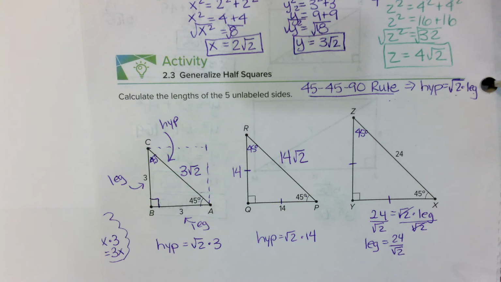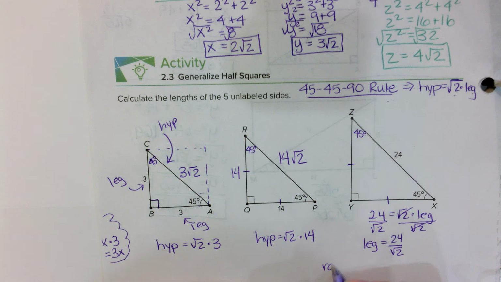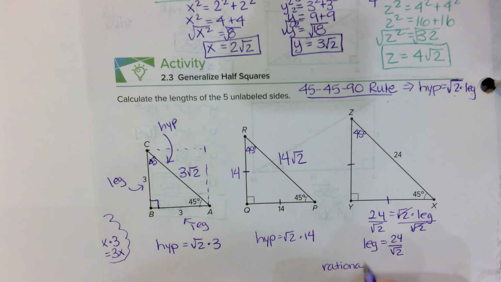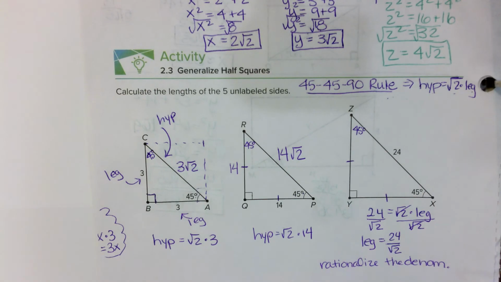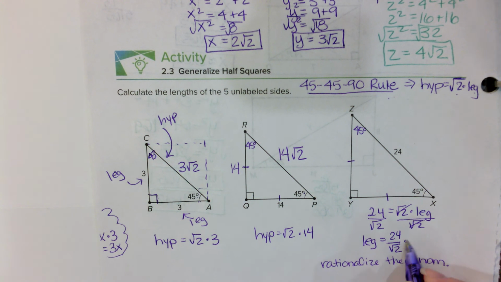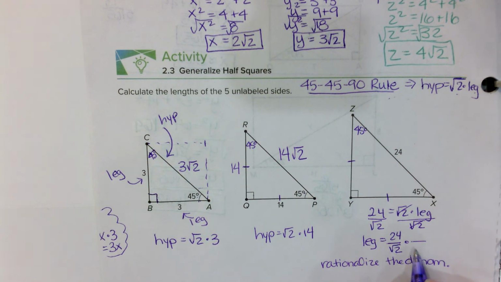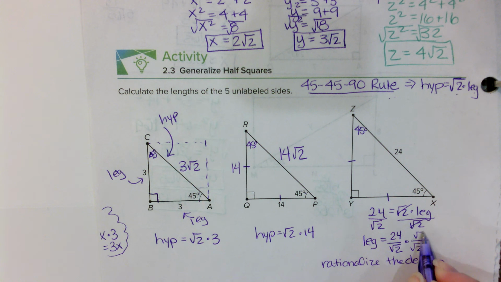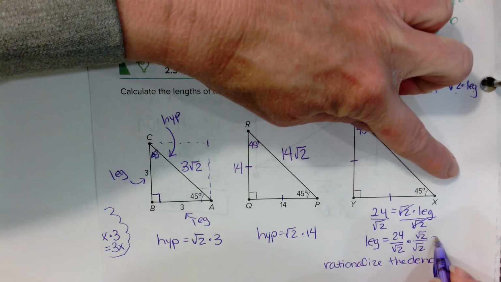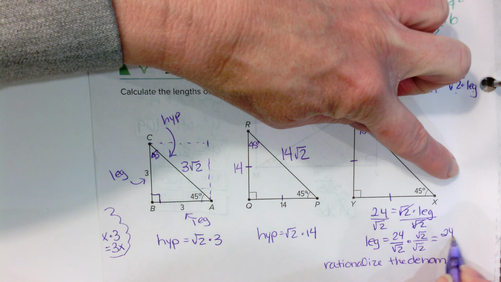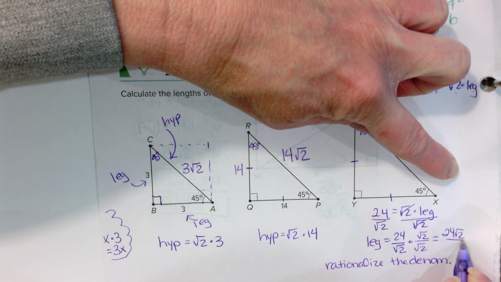So we learned in the last unit that this is not simplified, and I need to rationalize the denominator. And we learned about this in our Unit 3 packets. So I'm going to multiply the top and the bottom by this radical, the square root of 2, to simplify this. When I multiply fractions, my numerator will be 24 times the square root of 2.